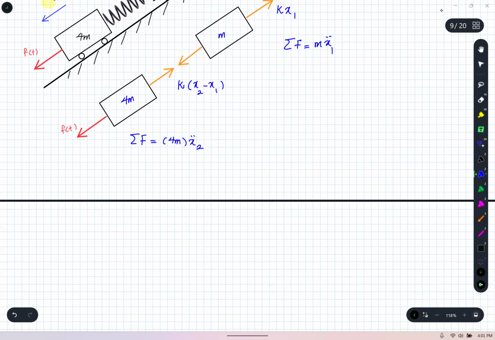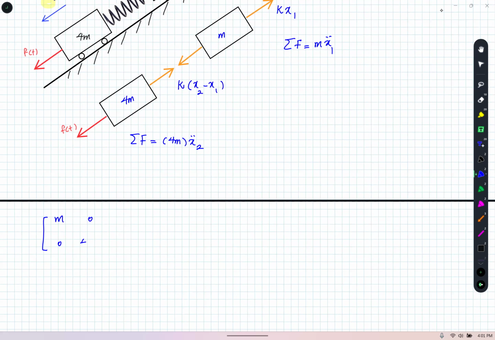Assuming that we do it correctly and simplify our equations, I'm just going to write down the result for you: the mass matrix is m, 0, 0, 4m, times x double dot 1, x double dot 2.